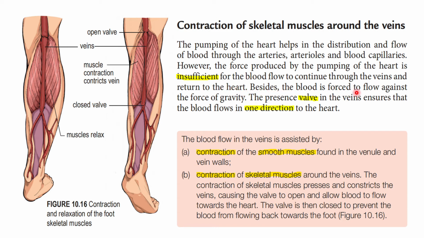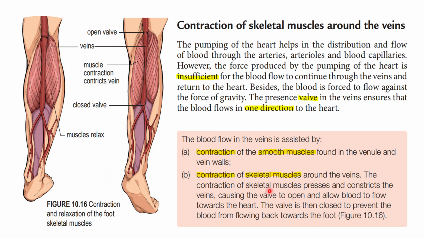And besides, the blood is forced to flow against the force of gravity, right? So the presence of valves in the veins is one of the factors that ensures the blood will flow in one direction back to the heart. The flow in the veins is assisted by the contraction of the smooth muscles in the blood vessels themselves, and also the contraction of the skeletal muscles around the vein.